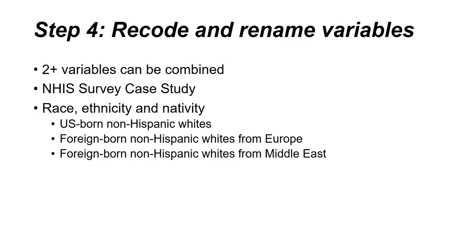So for example, within the NHIS survey case study, in order to create our independent variable, we need variables on race, ethnicity, and nativity status. In order to create the categories for U.S.-born non-Hispanic whites, foreign-born non-Hispanic whites from Europe, and foreign-born non-Hispanic whites from the Middle East.